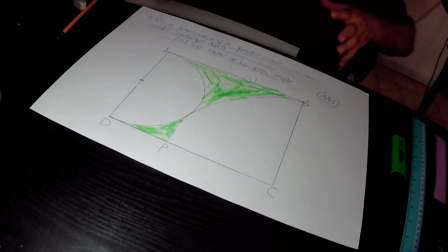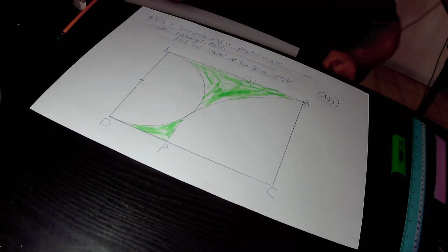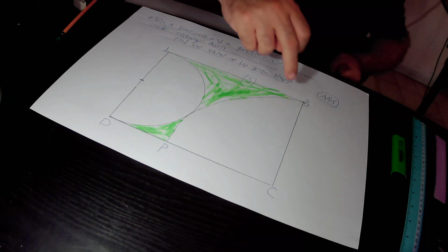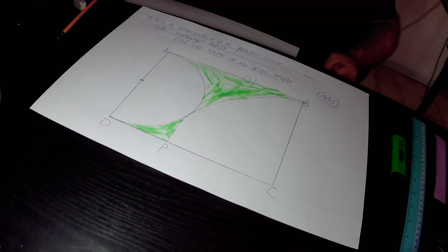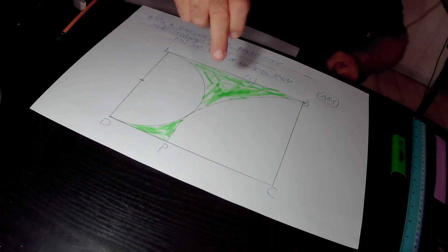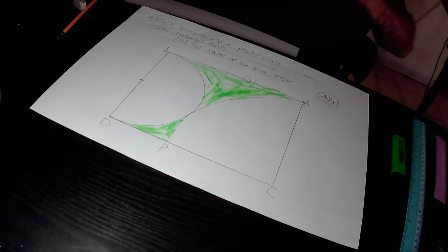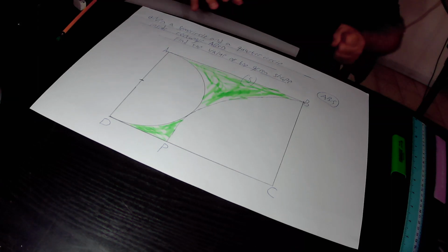In the second question, our mission is to find out the area of this green shape. So in the drawing, we have rectangle ABCD. Inside this rectangle ABCD, we have this semicircle and this quarter circle. Again, our mission is to find out the area of this green shape.